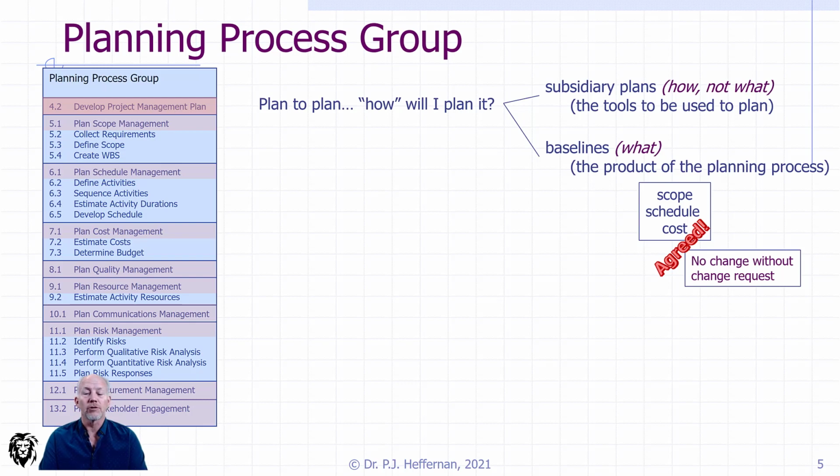And now we don't change them anymore without an approved change request. And so controlling that becomes a really important thing to do. But it also means we want to have these things pretty well nailed down before we move forward into the next step. Because if we're going to agree to it, we don't want to have a whole bunch of changes just because we didn't get it right.